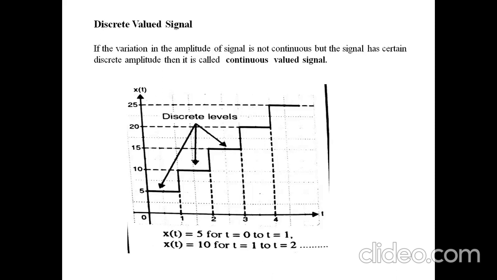Between 3 to 4, its amplitude is 20. And lastly, from 4 onwards, its amplitude, x of t, is 25. So you can say it is a discrete valued signal. These various discrete levels are considered as discrete values of the signal.